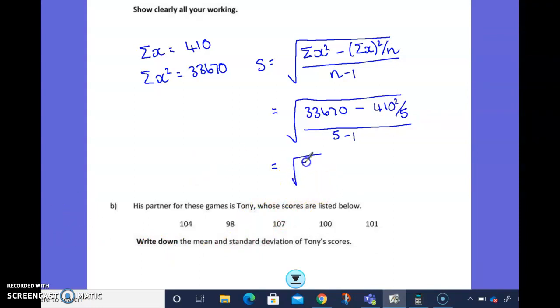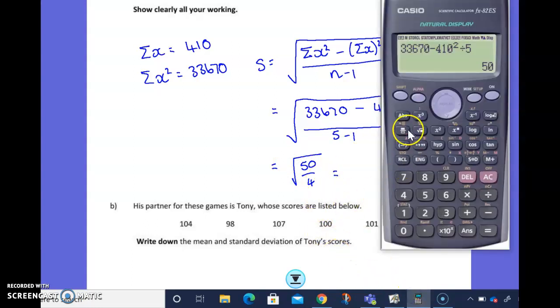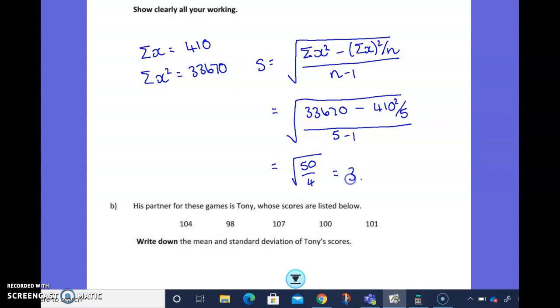So that's going to be the square root of 50 divided by 4. Now if you'd used the other formula at this point, you'd have got 50 for the total part of your column that you would then put into your formula. At this part, it should be the same. So it's the square root of 50 over 4, which is 3.5.